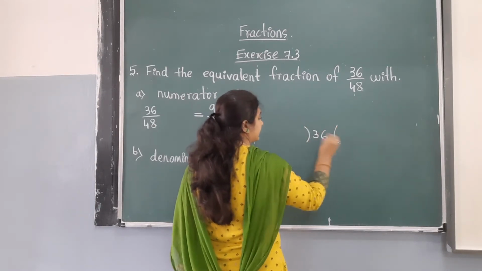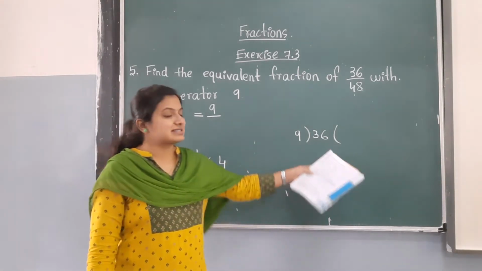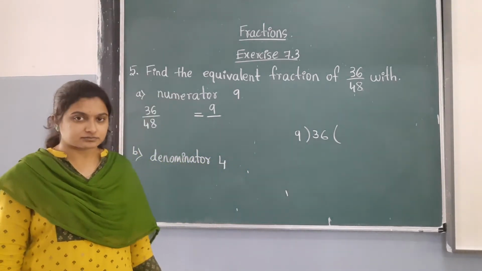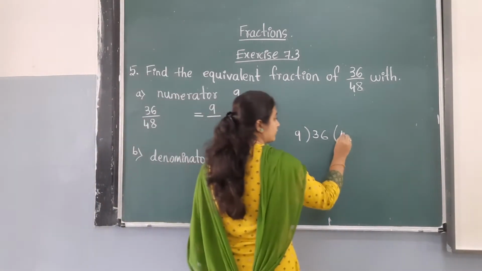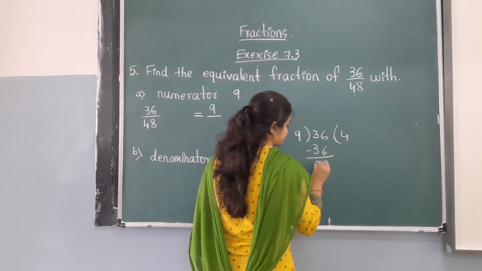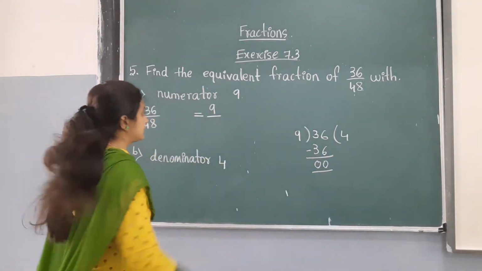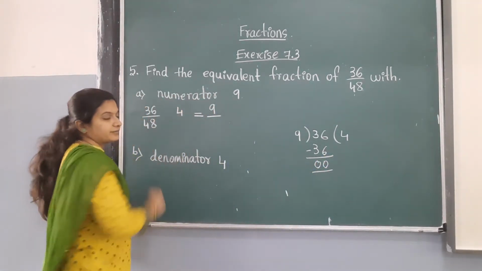In the 9 table, is 36 there or not? 9 fours are 36. So what is the answer? 4 is the answer. You write 4 here, children.